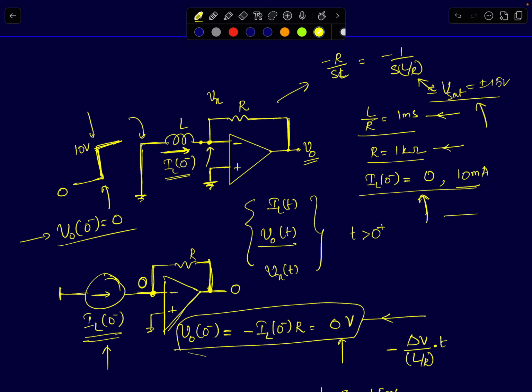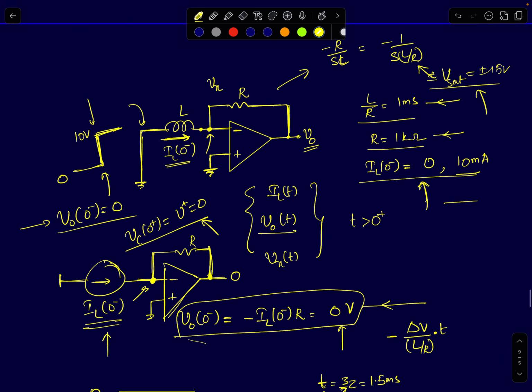At the instant the step input is applied, since this current source impedance is infinity, there is negative feedback present in the circuit, and this node voltage Vx of 0 plus will instantly come to V plus, which is 0 volts. This will be like a virtual ground. It will immediately come to 0 volts and be held there by the negative feedback action of the op-amp.